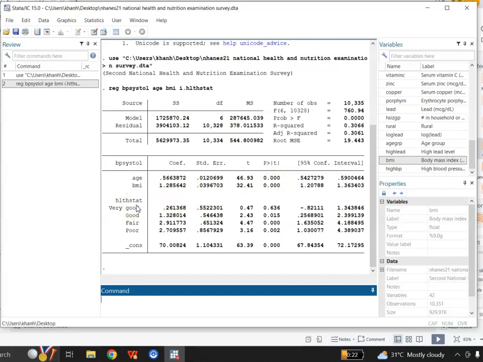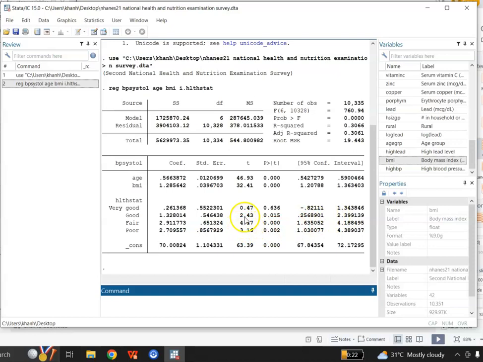As I mentioned, the excellent category has been taken as the base category, and the remaining 4 categories have been listed here, and these are their coefficients, standard errors, t values, p values, and the 95% confidence intervals.